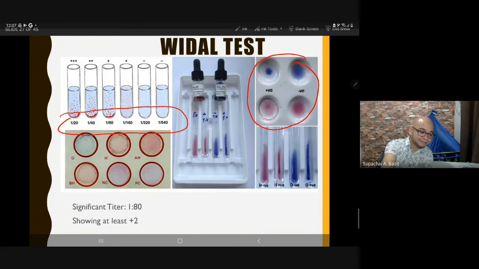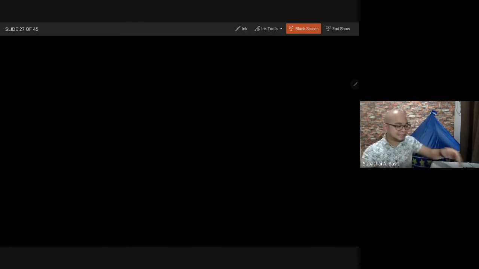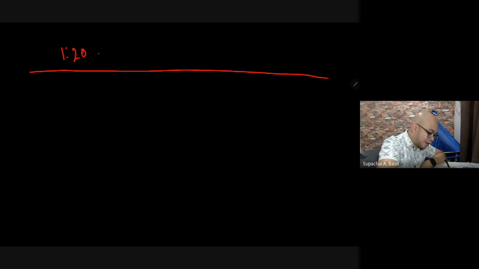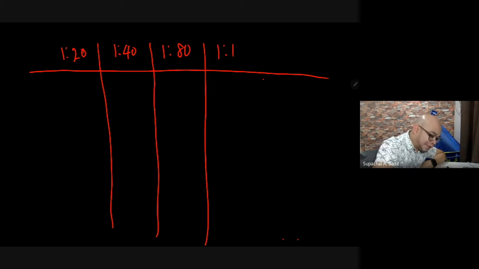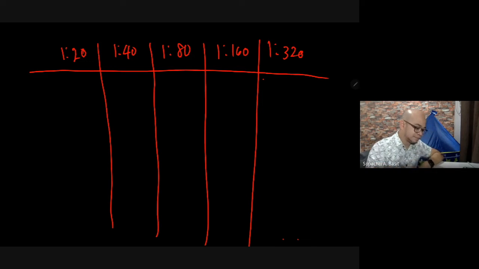So here, let me get a blank screen. We can have five dilutions: 1:20, 1:40, 1:80, 1:160, and then 1:320.